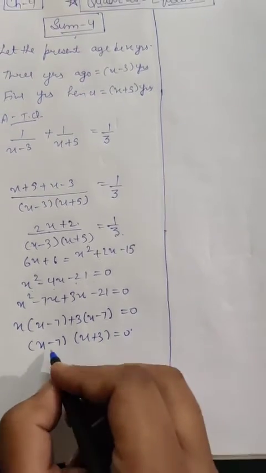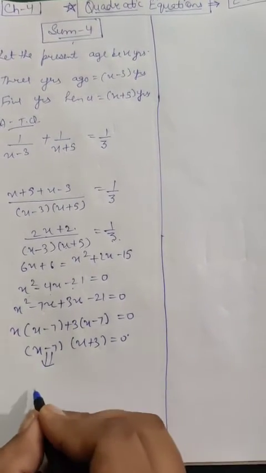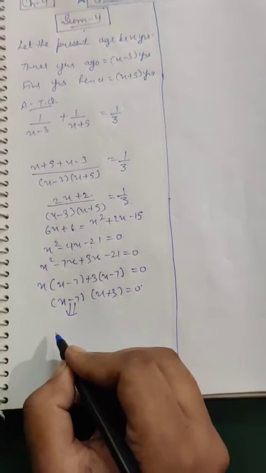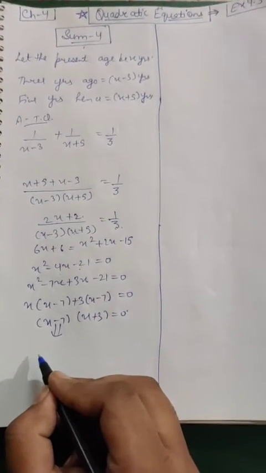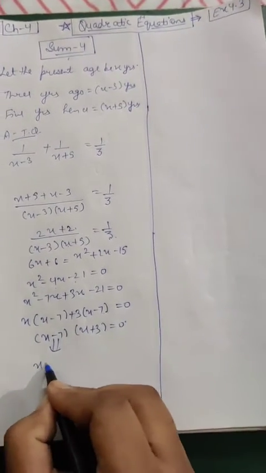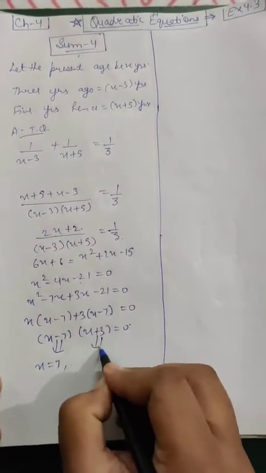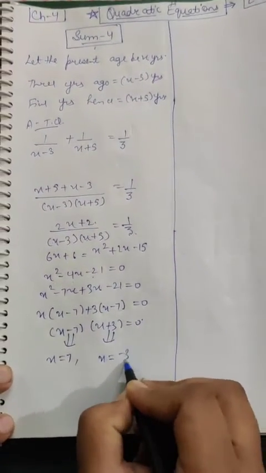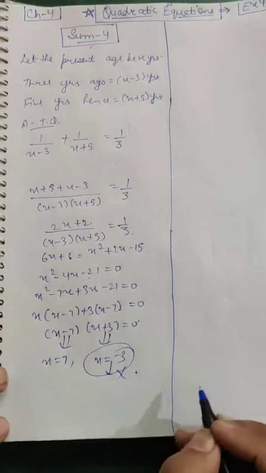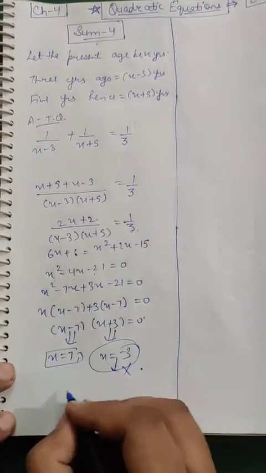Now when we put these equal to 0, when x minus 7 is equal to 0, we get the value x is equal to 7, and here we get x is equal to minus 3. As we can see, the age cannot be negative, so x is equal to 7 is the answer.